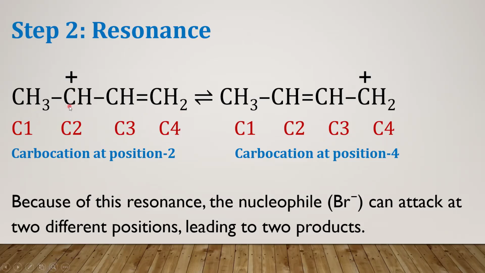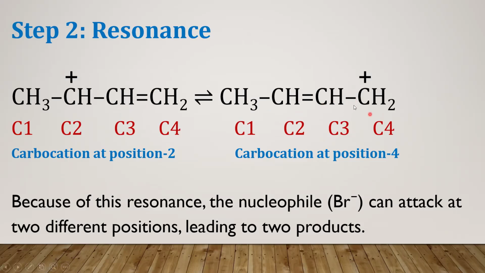It's a secondary carbocation and it is stable. But there is a double bond between C3 and C4, so resonating structures can be written, that is, electron displacement may happen. Because of the positive charge here, the pi electron from C3 will flow towards the C2 carbon. The double bond will now be shifted between C2 and C3.